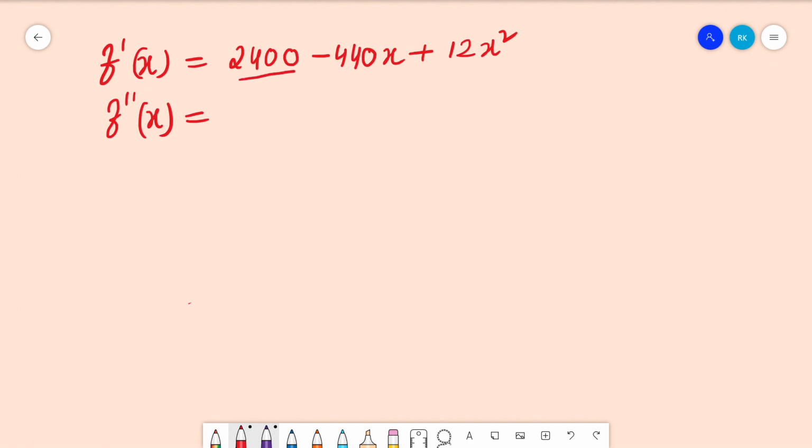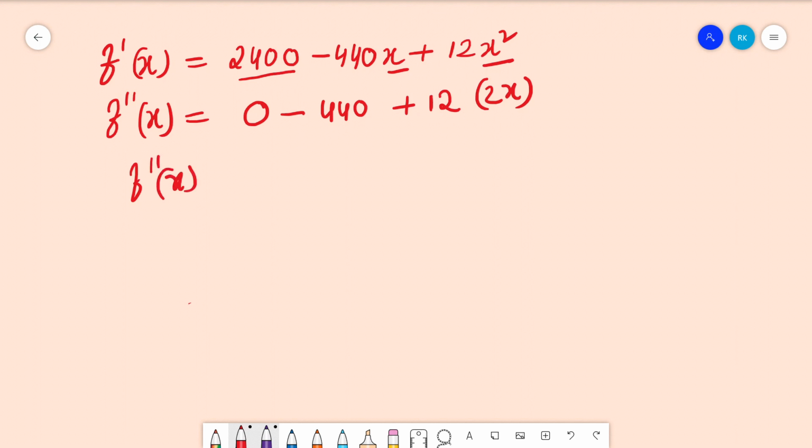Differentiation of constant is 0. Differentiation of x is 1. Differentiation of x square is 2x. So f double dash x is minus 440 plus 24x.